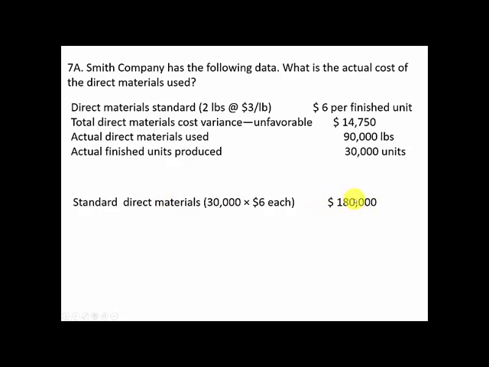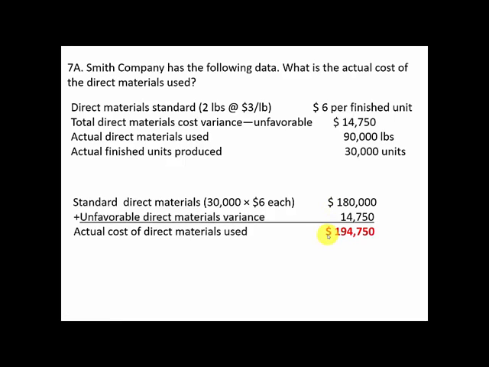And if we know that the total direct material cost variance was unfavorable, that is, the actual cost was higher than the standard cost by $14,750, all we've got to do is take this number, which is making 30,000 pieces at the standard, and add that to it. That'll give us what the actual material costs were. So that'll be actual material cost of $194,750.